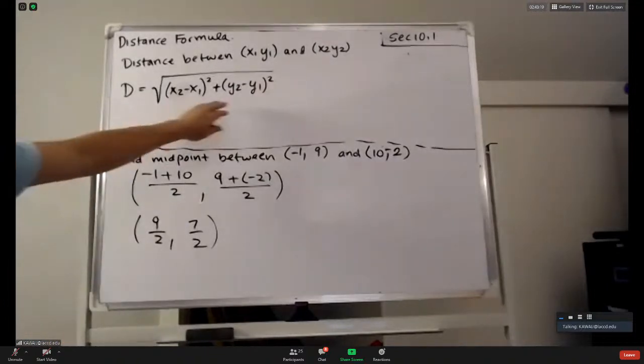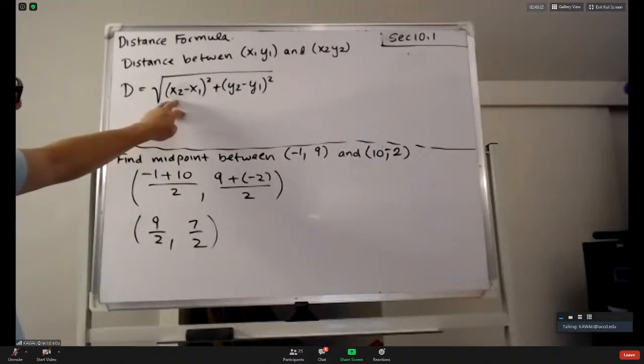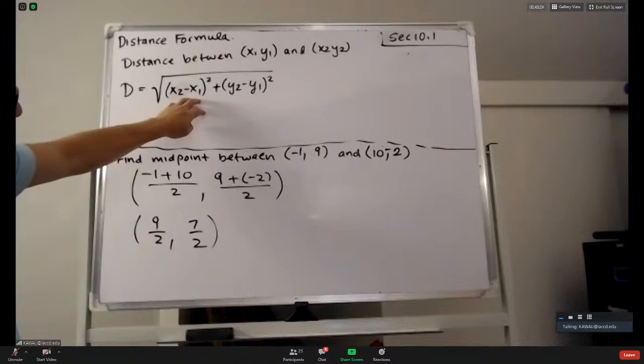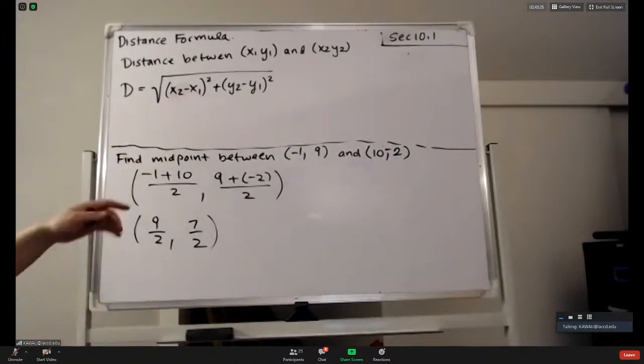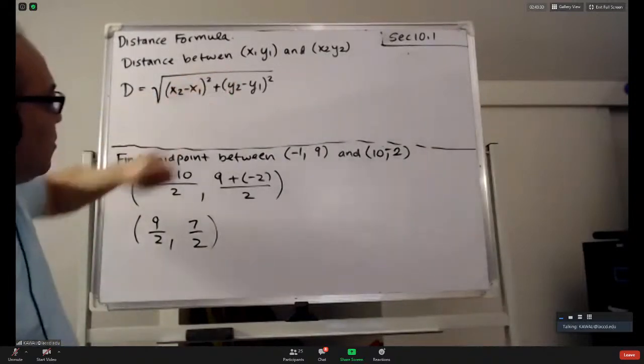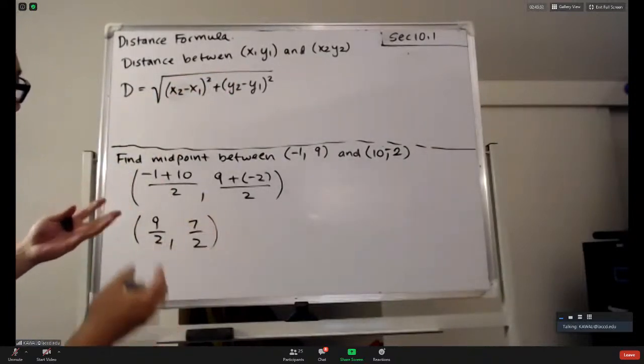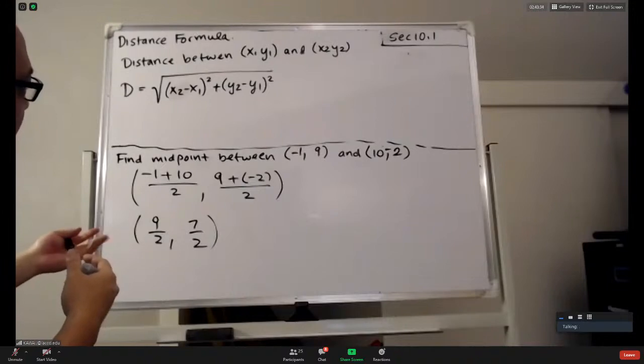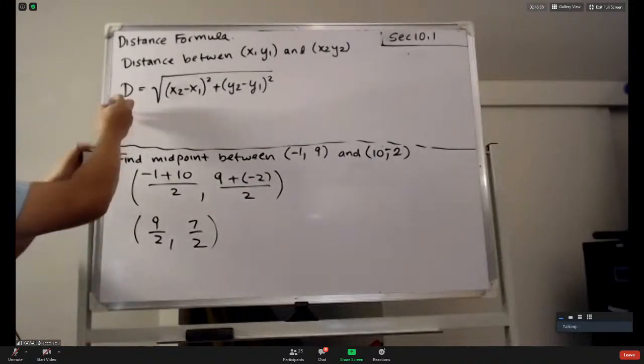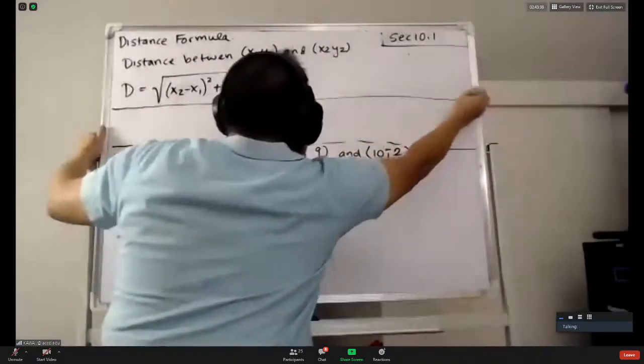This looks just like the slope. It doesn't matter which one is x2 and which one is x1. Either point that I give you could be x1 or x2.